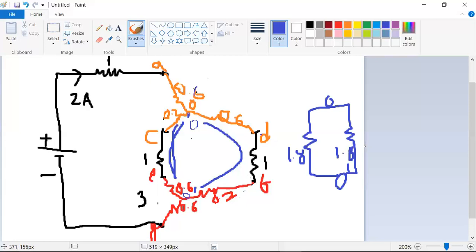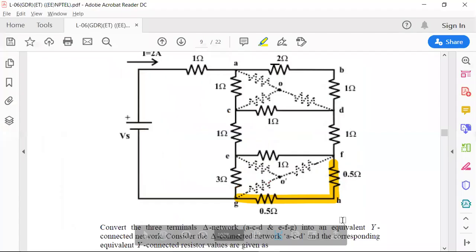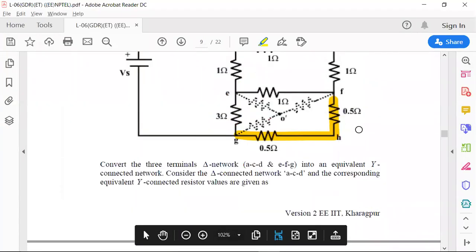Hence, the parallel connection between O and O dash will be 1.8 by 2, which is 0.9. This is the value of the resistance between O and O dash. Hope you understand what I'm trying to say.